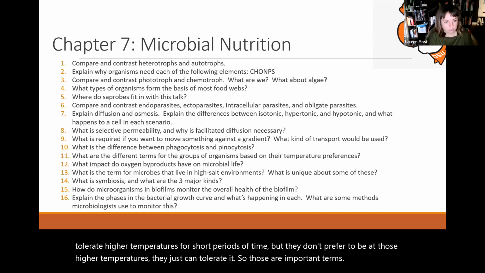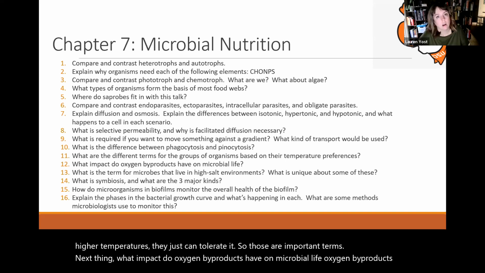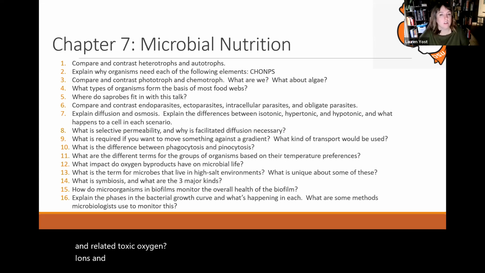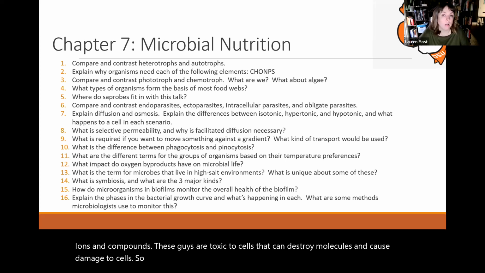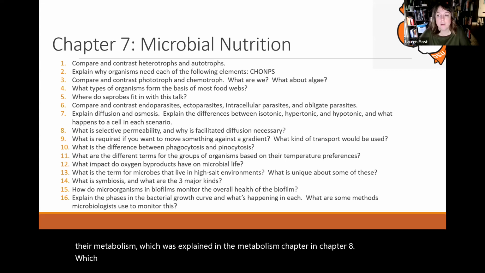Next thing, what impact do oxygen byproducts have on microbial life? Oxygen byproducts and related toxic oxygen ions and compounds are toxic to cells. They can destroy molecules and cause damage to cells. So organisms that have to be exposed to oxygen or use oxygen as part of their metabolism, which was explained in the metabolism chapter, chapter 8, which hopefully you've already read.